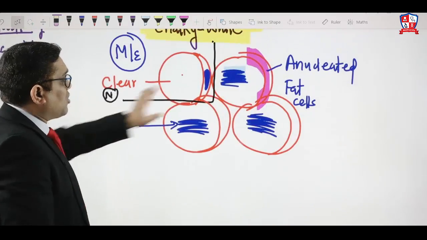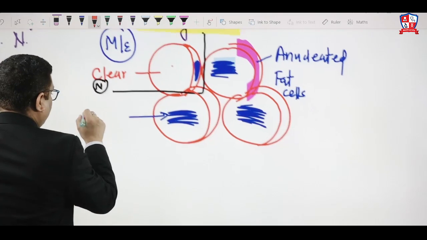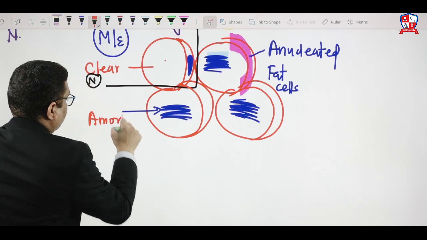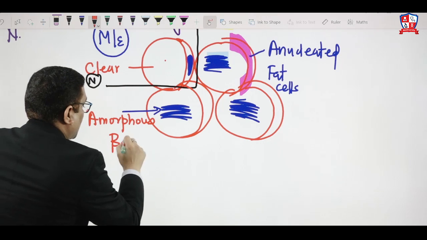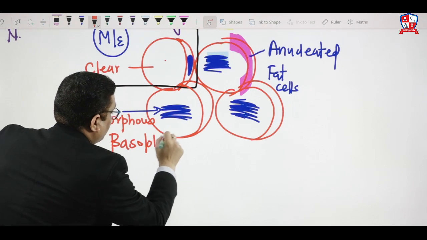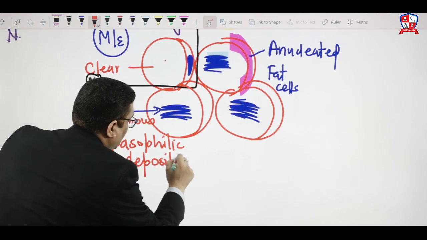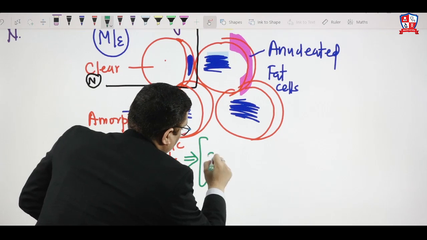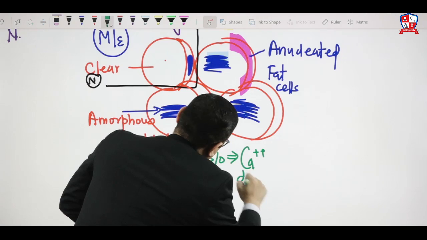And when you are seeing them on microscopic examination, how will this calcium be visible? This is how we describe it: amorphous. Amorphous, no morphology. How is the color? Basophilic. Amorphous basophilic deposits are suggestive of calcium deposition.